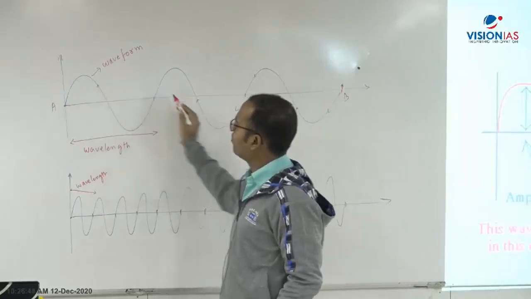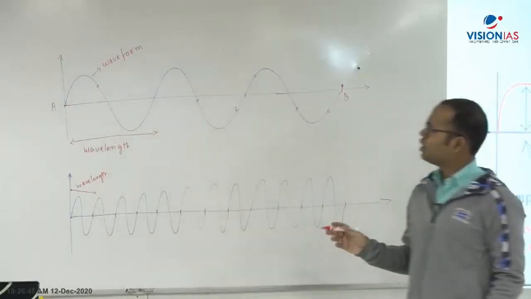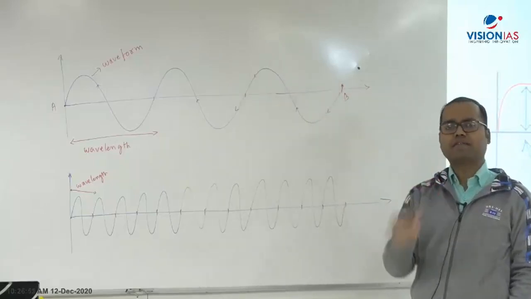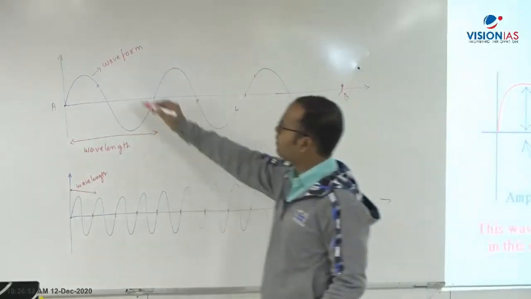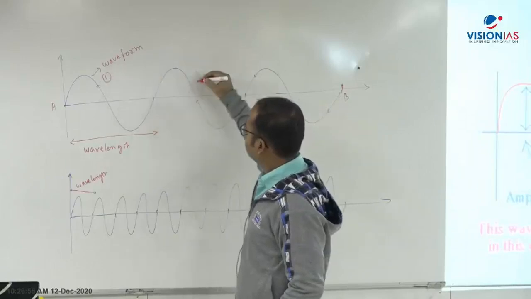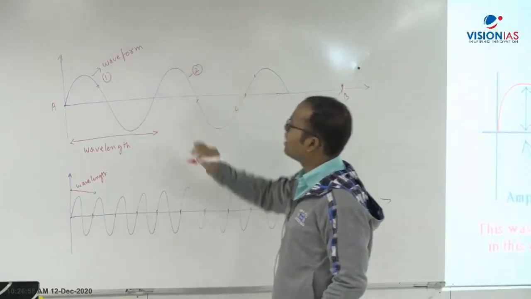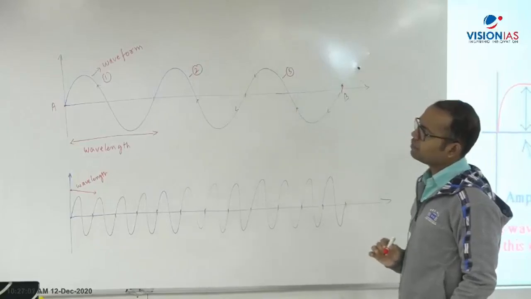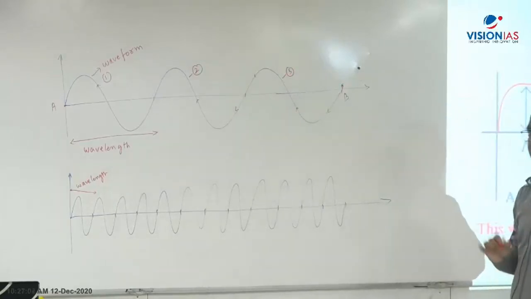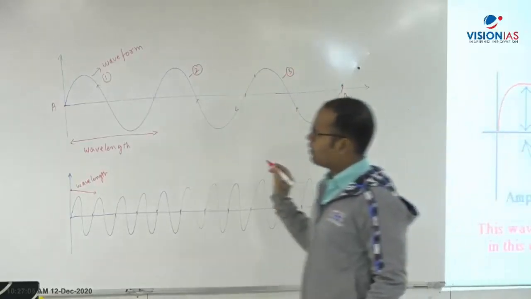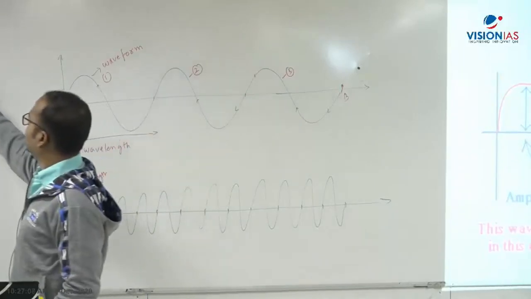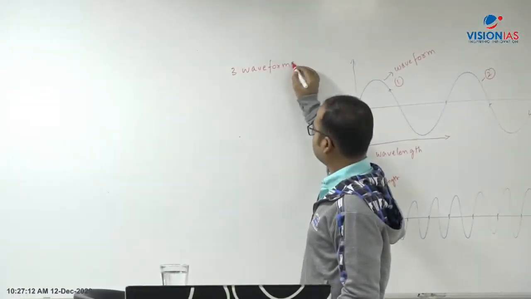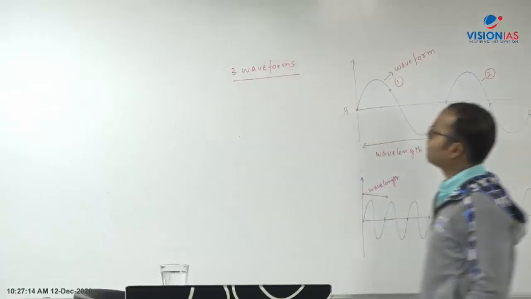Don't you think during this travel you have covered 3 waveforms? This is waveform 1, this is waveform 2, and this is waveform 3. Yes or no? So in the first case, 3 waveforms are covered.